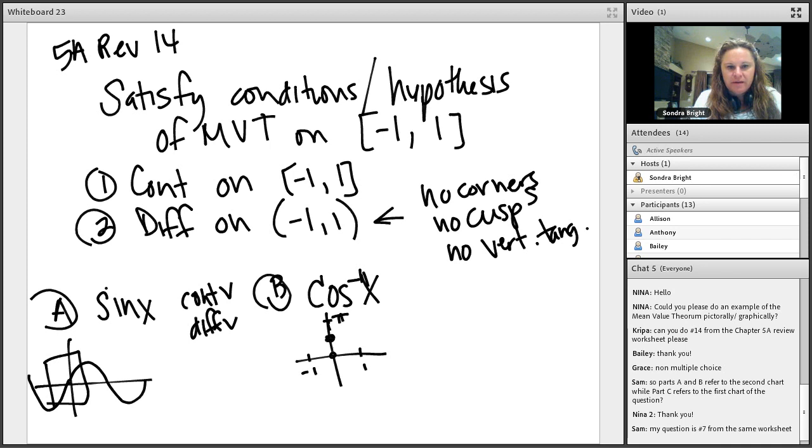So here, here, here, and looks like that. There's the inverse cosine graph, and this is part of the reason why we don't care that it's got endpoints, right? But inside of it, definitely continuous, definitely differentiable.